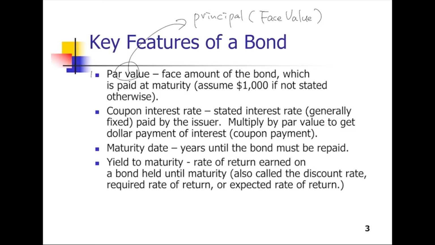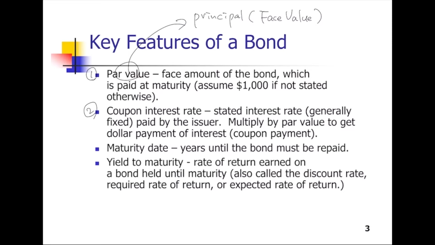This is the first cash flow, and the second cash flow is the coupon interest rate. The coupon interest rate is the stated interest rate, generally fixed, paid by the issuer.